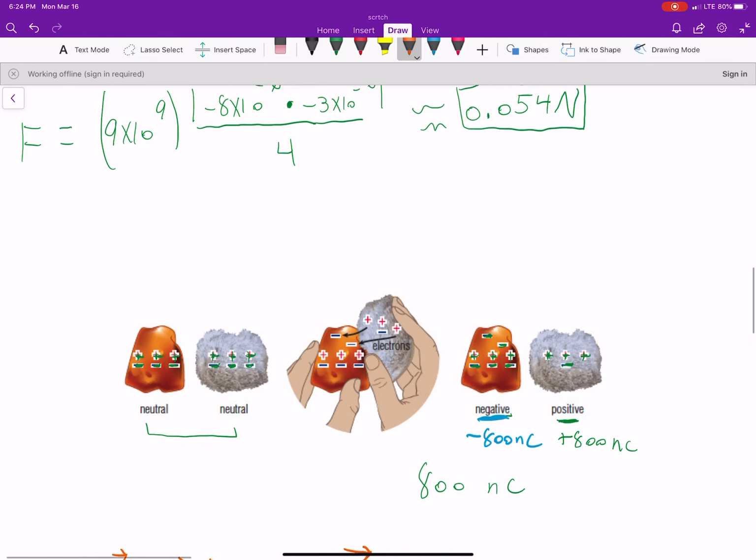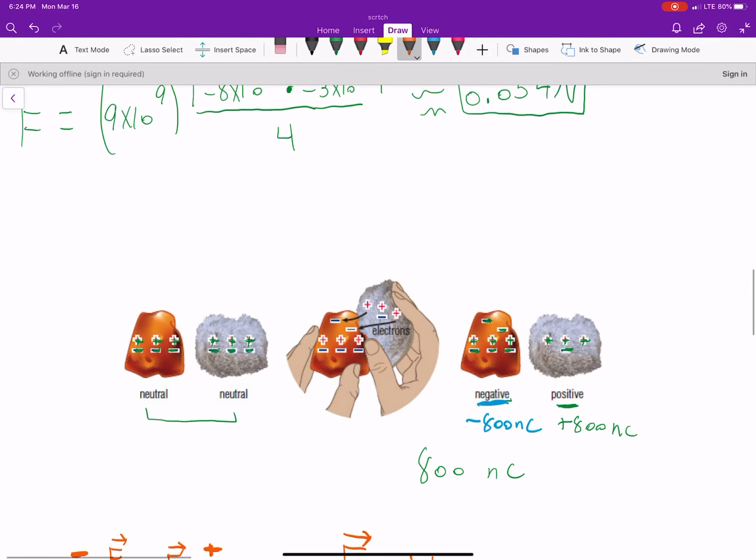The big thing that might be a little confusing is just knowing right here, they both have a net charge of 0. Here you mix them together, and after you do that, there's a transfer of electrons, and now they're no longer neutral.